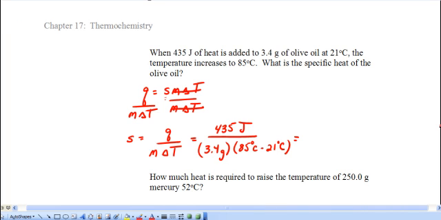And so therefore the 435 divided by 3.4, and then also divided by the change in the temperature, which is actually a total of 64 degrees, isn't it? It looks like we got a specific heat of 2.00 joules per gram per degree Celsius. And notice it's much higher than the metal, which would tend to have the lower specific heat.